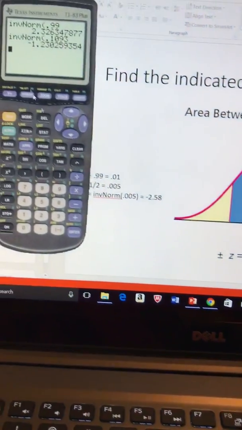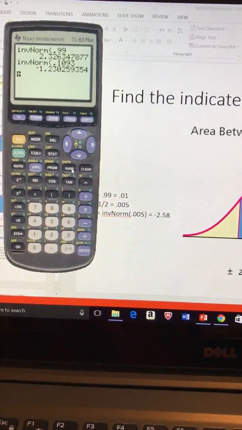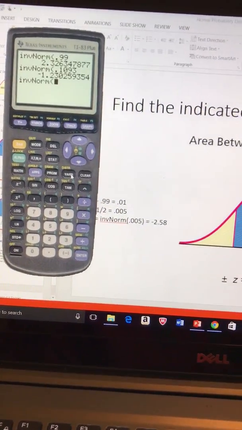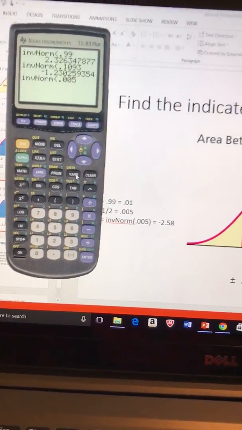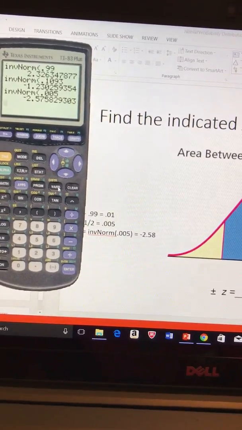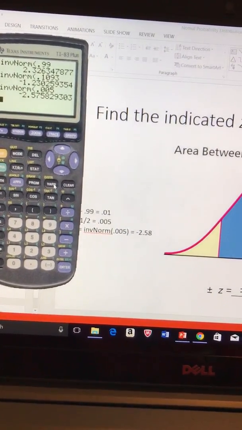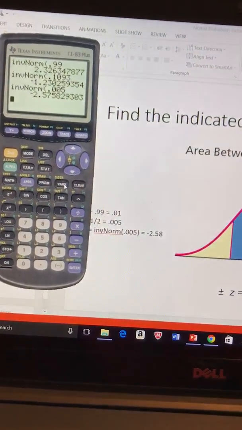So if you do second vars inverse norm 0.005, you get negative 2.58.